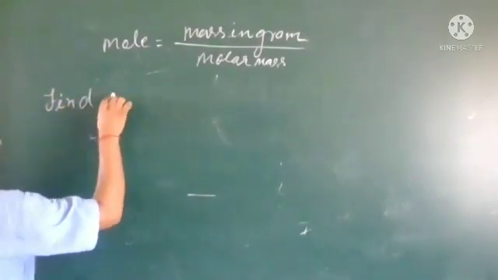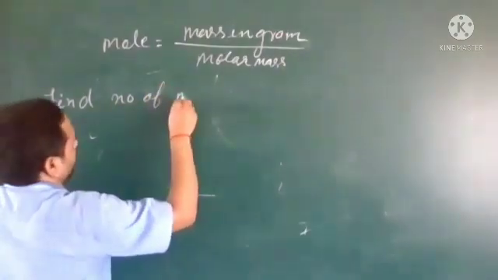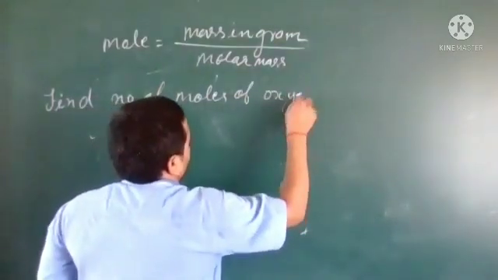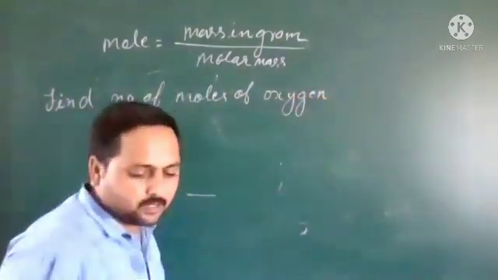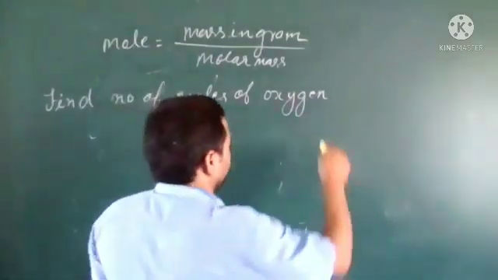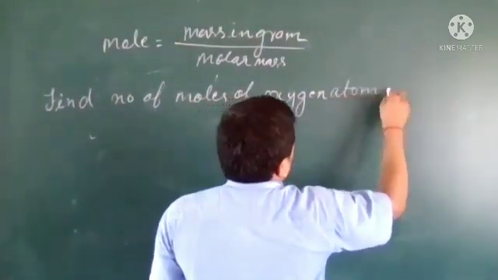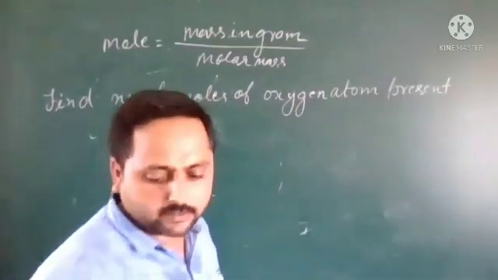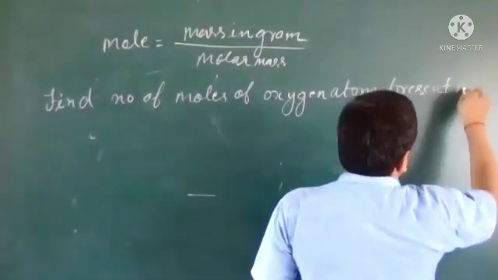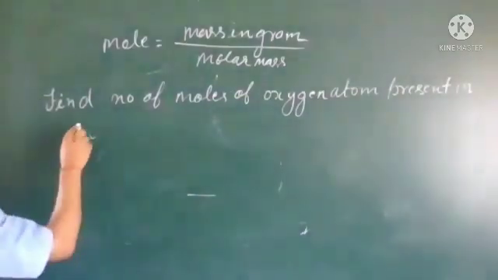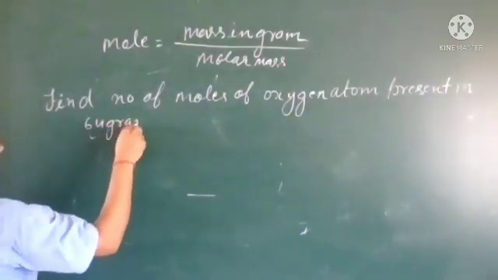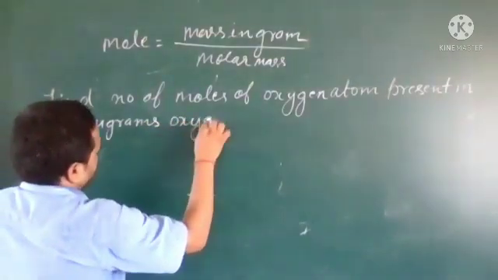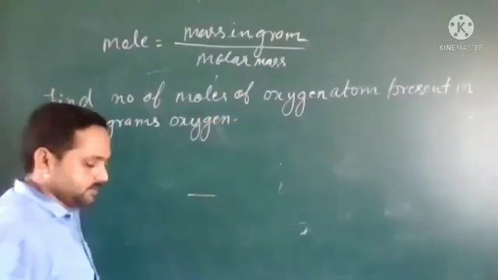Solve it. Find the number of moles of oxygen atoms present in 64 grams of oxygen.